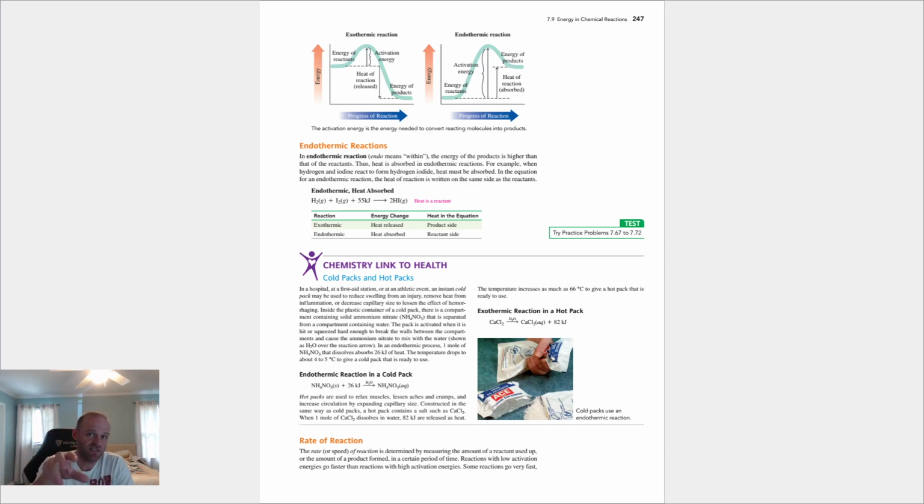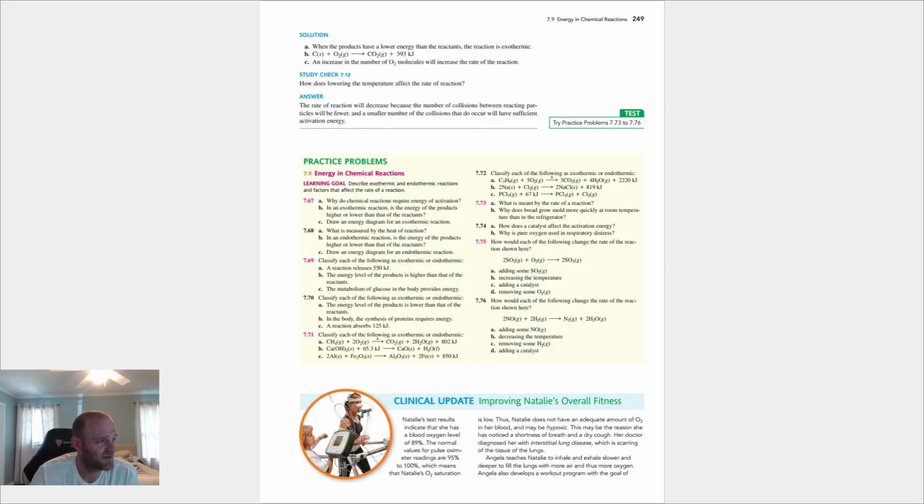I had to put some energy in, but I save it on the back end. In other cases, I'm making something that will put out the energy on the back end, like the heat pack. I'm conserving all that energy in this little pack. When I break it, it lets go of all that heat, so the reaction is exothermic. It's a really good way of thinking about endothermic versus exothermic.